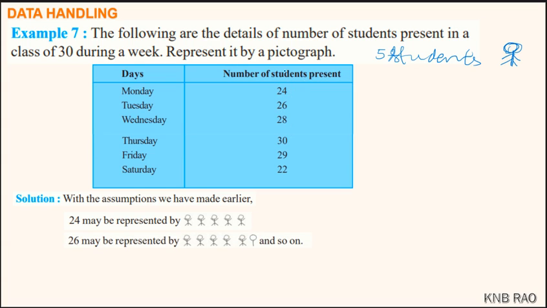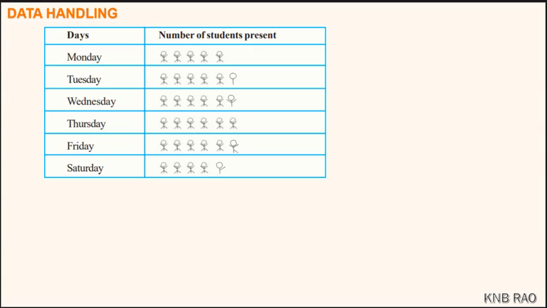Even 26 may be represented as 25 plus 1. Thus, the pictograph would be, on Monday, where we have to say here 5 students are represented with the symbol like this. So, 24 students, 26 students.